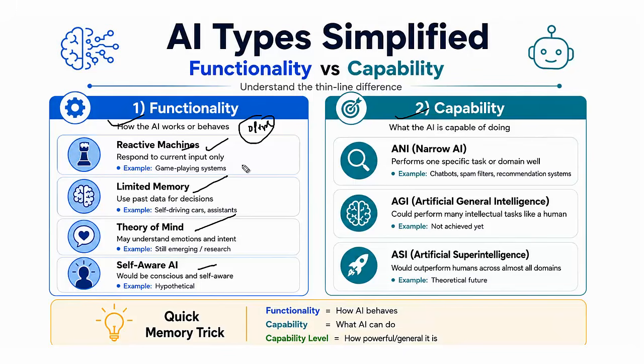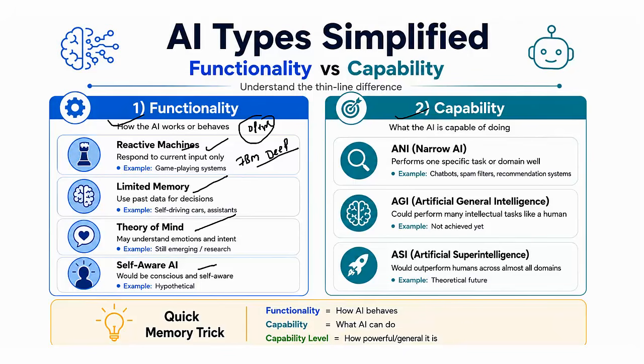The best example of this is IBM's Deep Blue chess system. It analyzes the current chessboard and selects the best move, but it did not learn from past games during play. They react to the current input, and based on that, it does that. We already discussed limited memory, which is a very common thing we use: self-driving car, Netflix, YouTube recommendation system, fraud detection system.